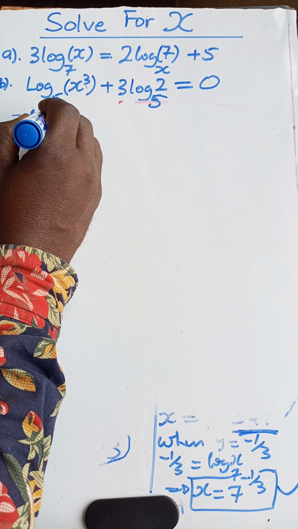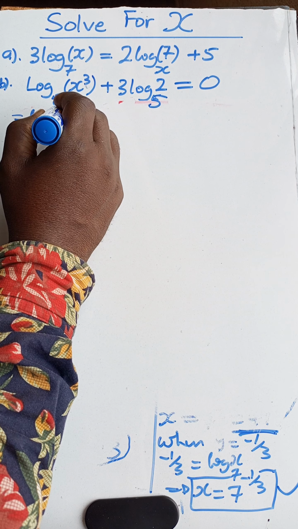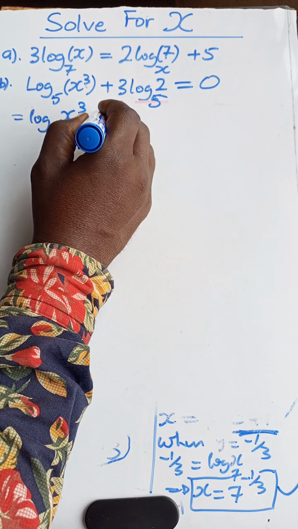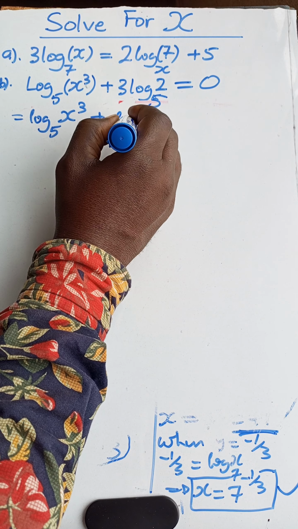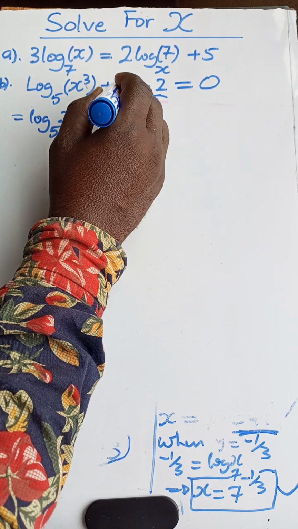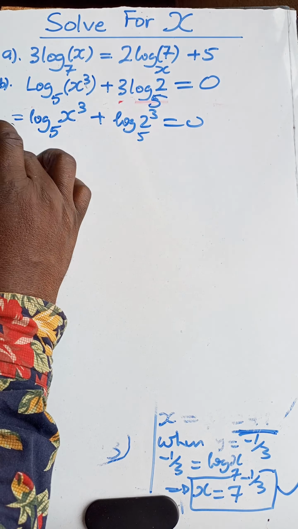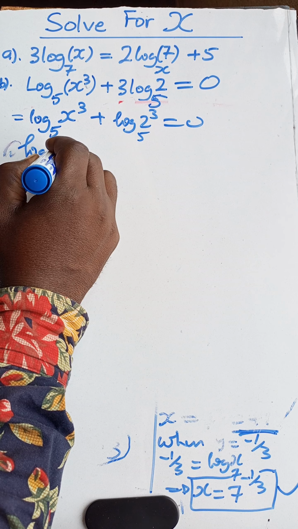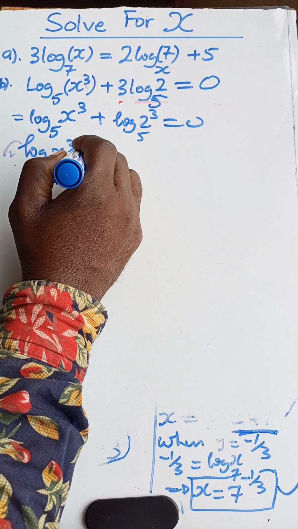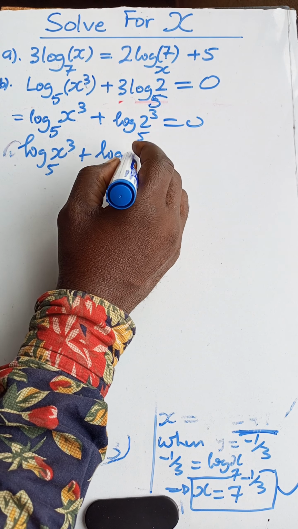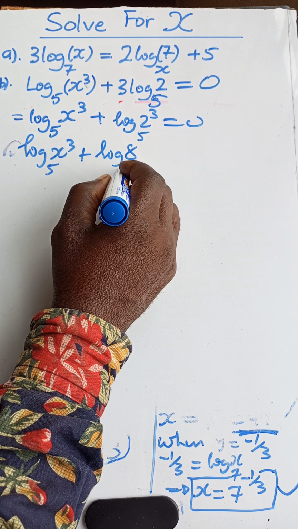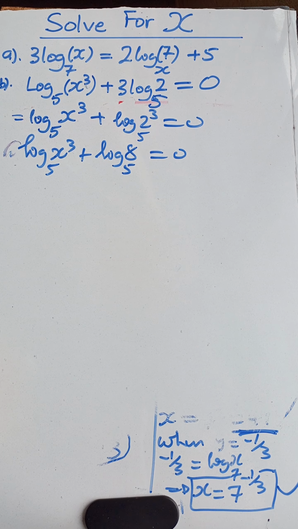So this is log base 5 of x cubed plus log 2 cubed, since this 3 is actually the power of 2, base 5, is equal to 0. So this gives us log x cubed base 5 plus log 2 cubed, which is 8, base 5 is equal to 0.